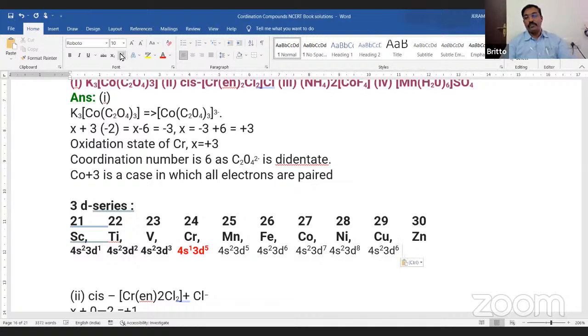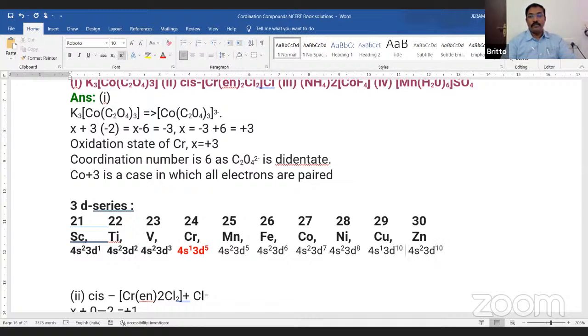Copper 4s2, 3d9. It should come, but again, just like chromium, it is going to borrow an electron from the s orbital and become 4s1, 3d10. Okay, so again, I'm going to write this one in red.